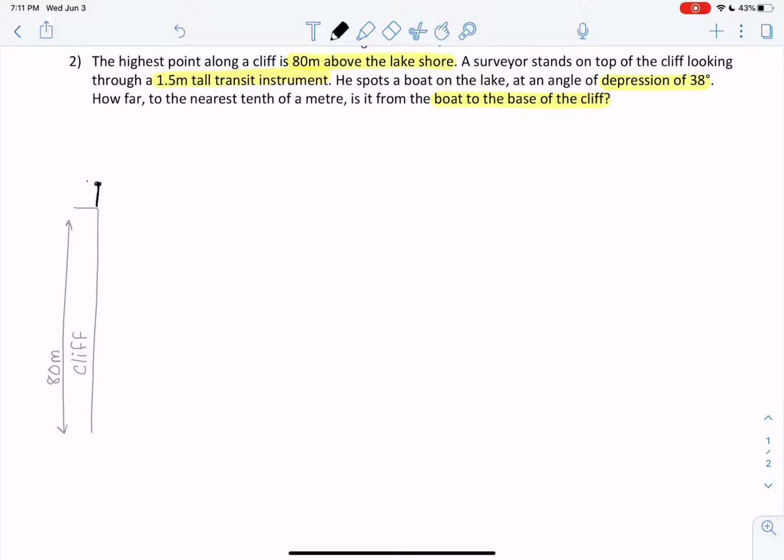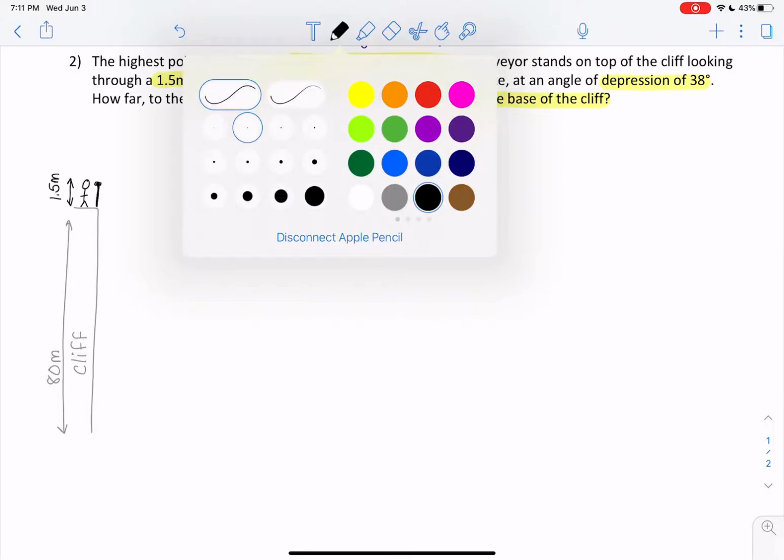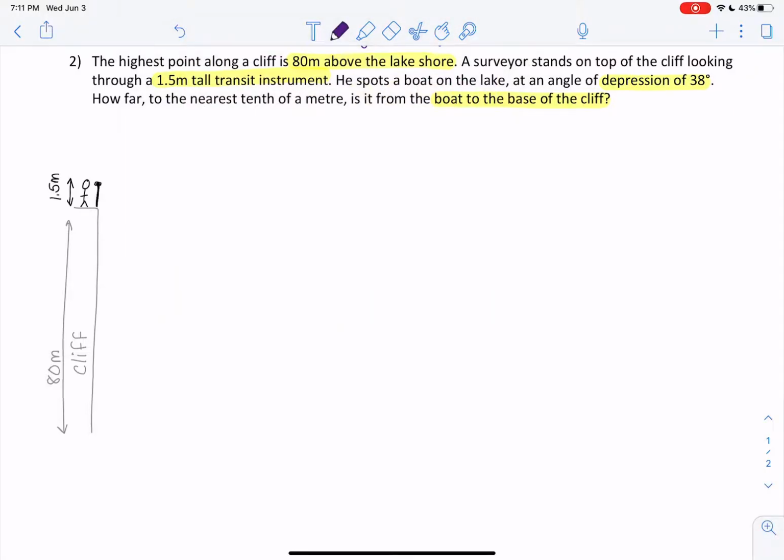And we have somebody here measuring our distances. And this instrument is 1.5 meters tall. So in total, that side will be 81.5 meters. So I'm just going to label that whole side as 81.5 meters.